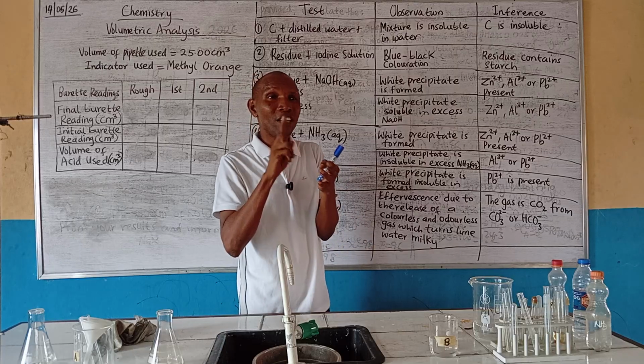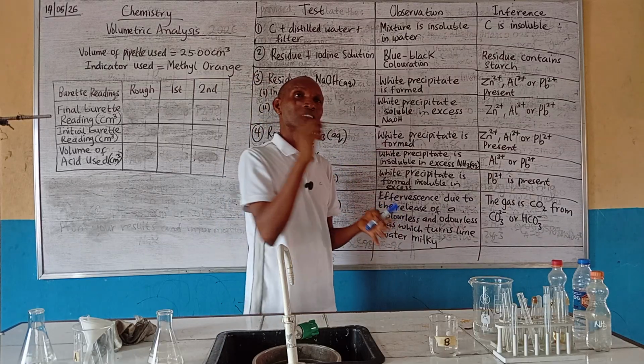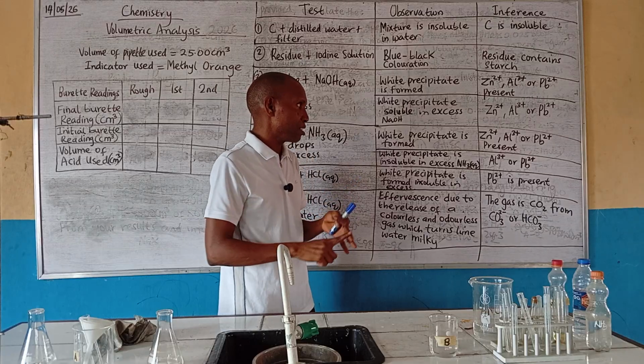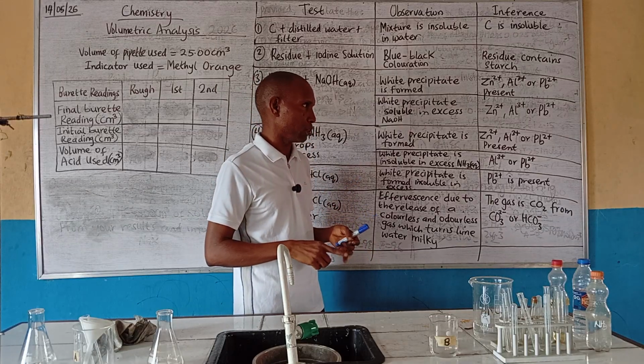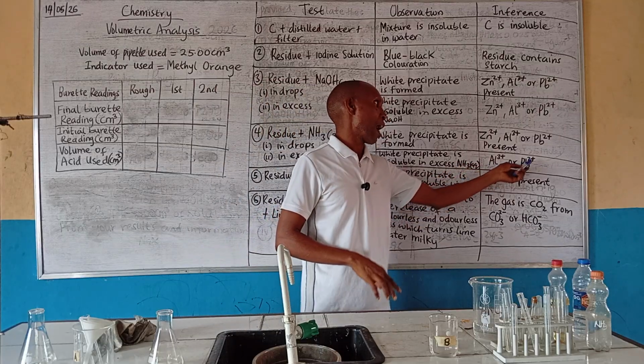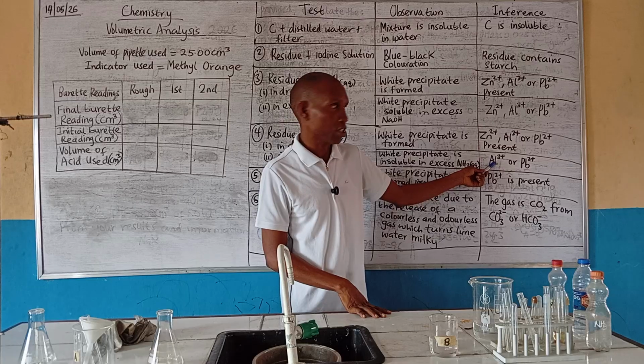Don't forget, only two cations form white precipitates that are usually insoluble in excess aqueous ammonia. So they are aluminium and lead. So at this point, there is no more zinc. Zinc has left.